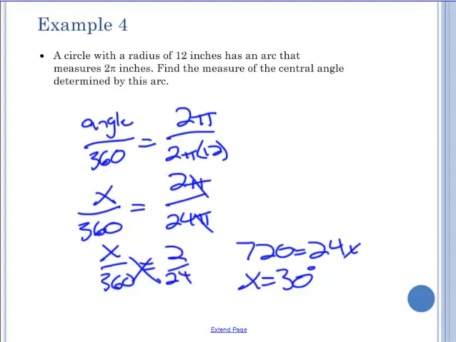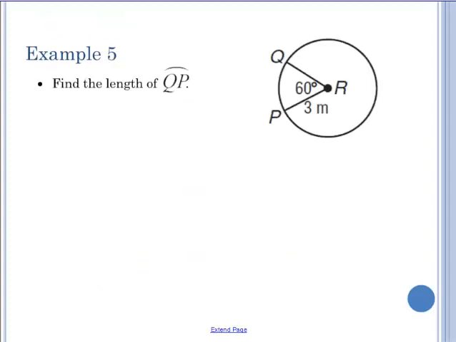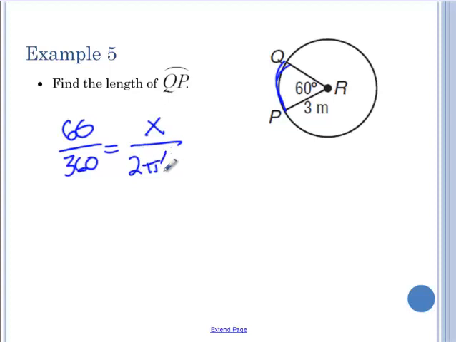Okay, so we found one where we had to find arc length. We found one where we had to find the angle. There are some where you have to find the radius as well. So let's find the arc again. We want to find this arc length, so we've got to use that same proportion. Degrees over 360 equals arc length over 2 pi r.